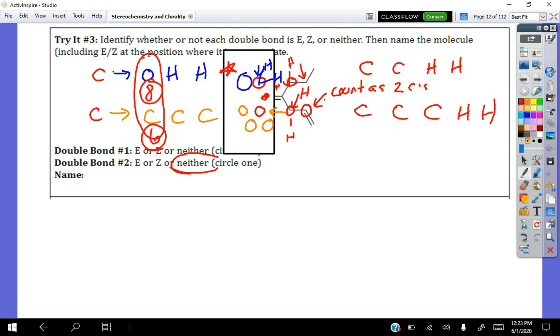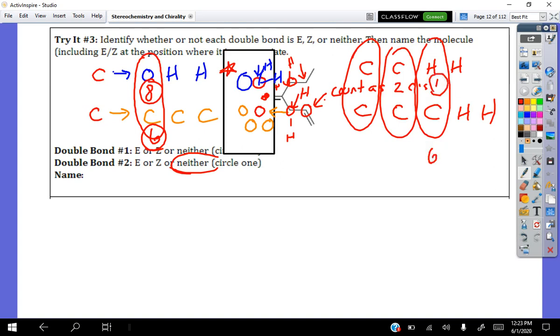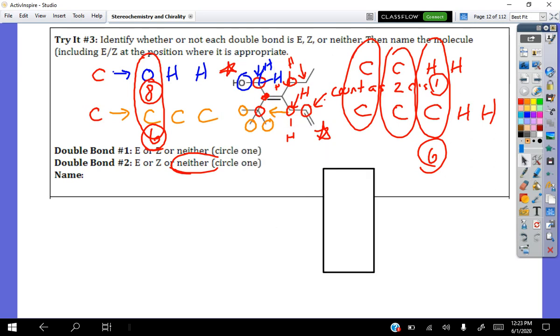So the list is a little bit longer on the bottom side, but this does give us our first point of difference. We see that this is the same, but then we get to here where 6 is going to be greater than 1 in terms of atomic numbers. So this bottom half here ends up with the higher priority. So you have to make your list of elements.